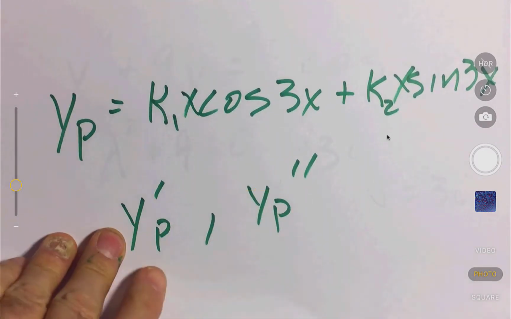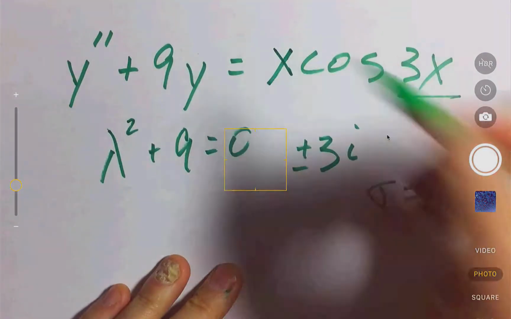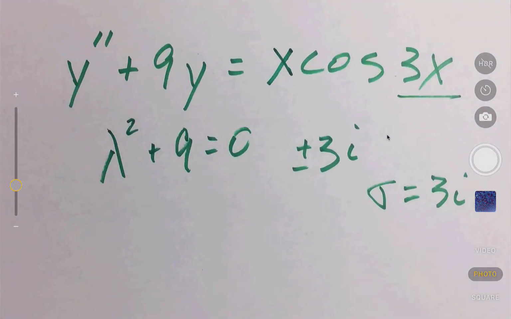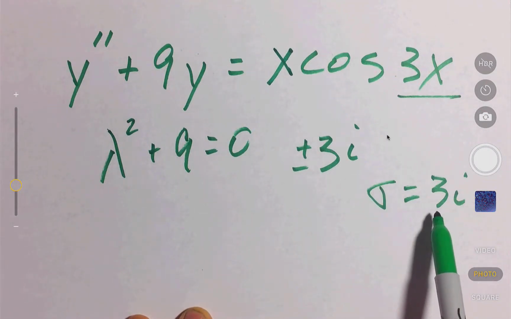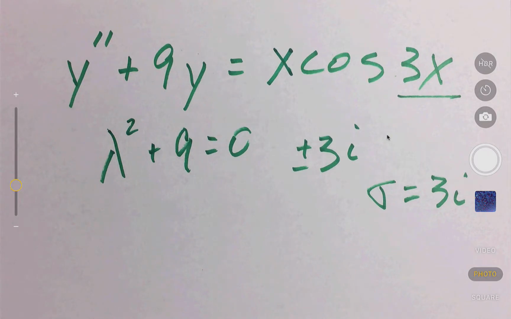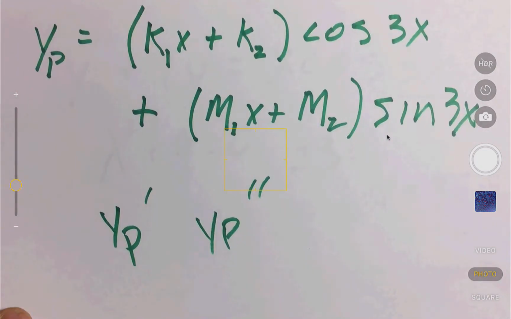Okay, one more example. What happens if we have something like this? Well, again, our control number hasn't changed, but it is a root of the characteristic equation. So we'll modify our basic form. So here was our basic form.